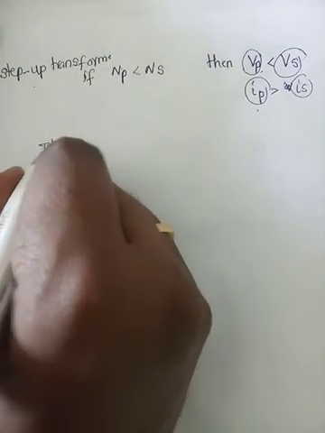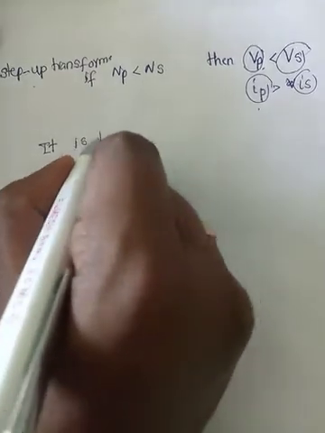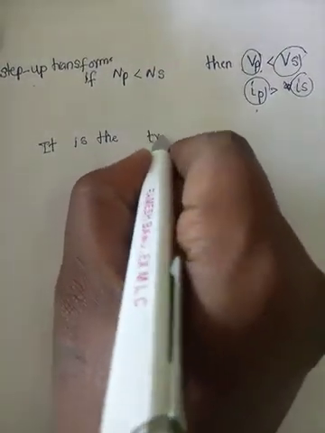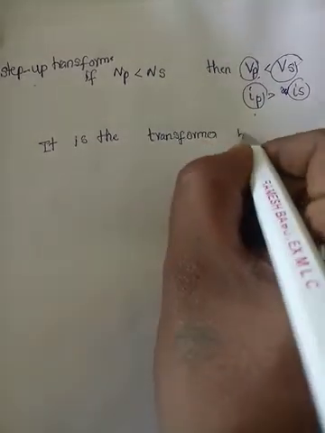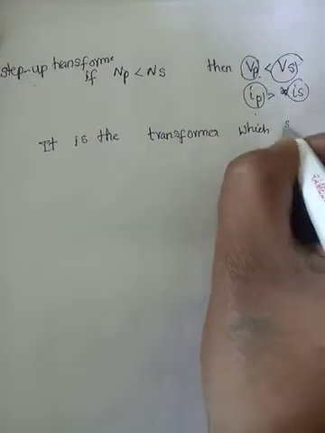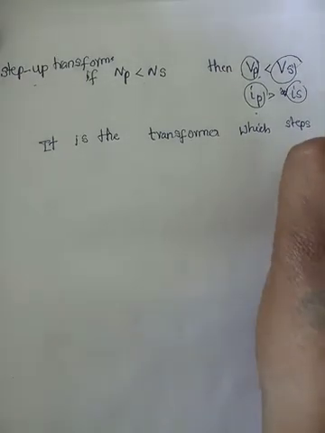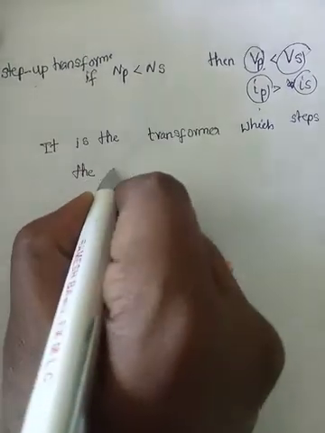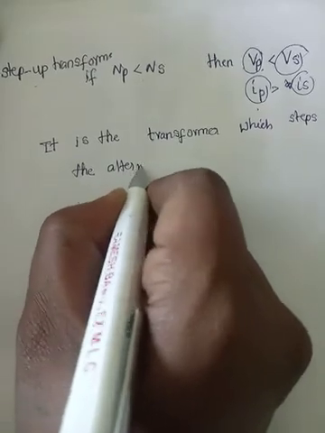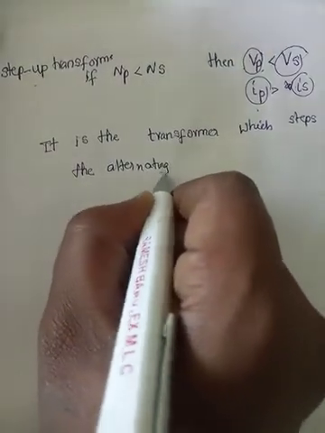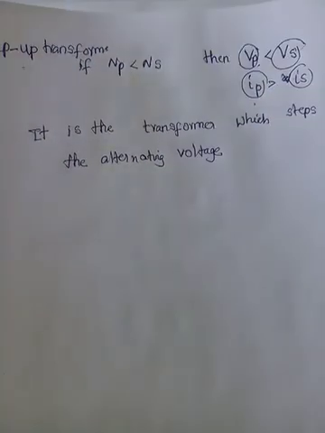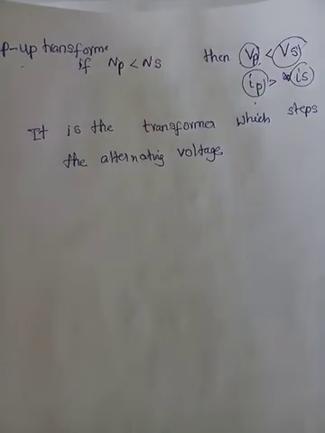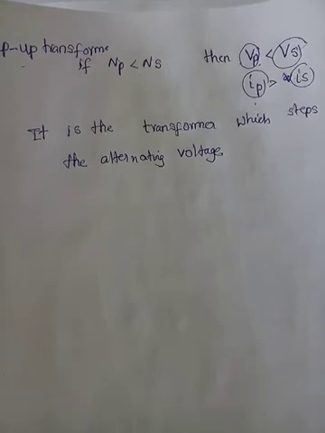So we can say simply it is the transformer which steps up the alternating voltage, or which converts low voltage to high voltage, right. So what is the transformer function? It is used to alter the voltage without changing its frequency and power.